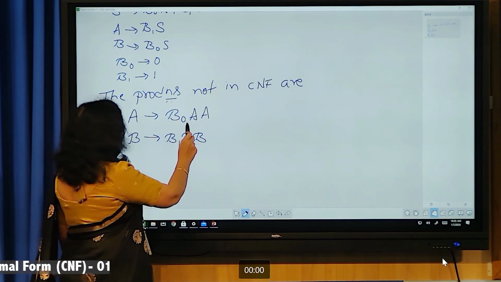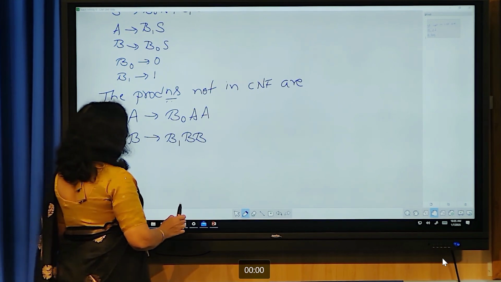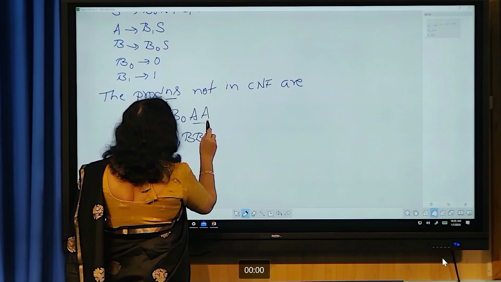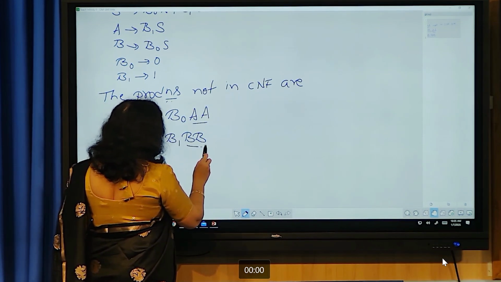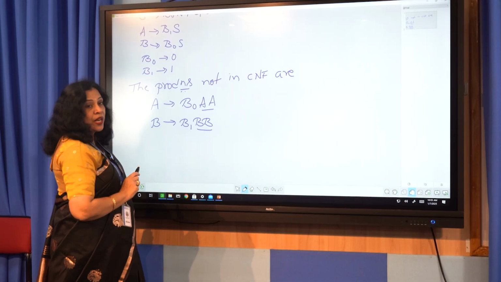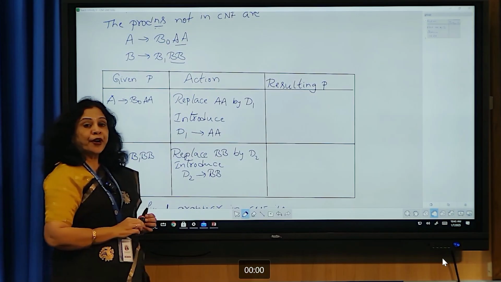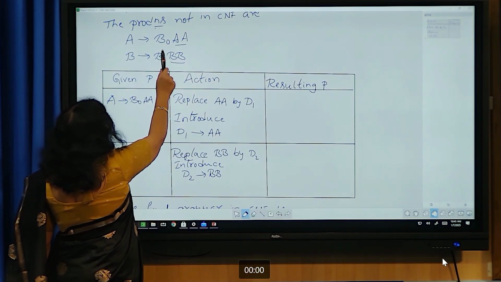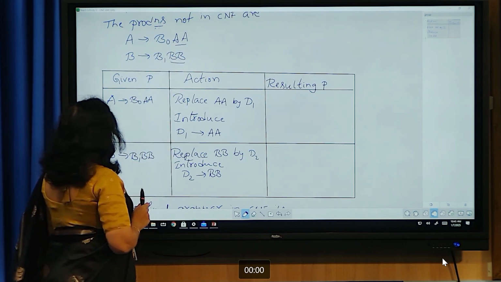Now we will have to bring these two into a CNF form. So again we will have to do the substitution. We can either choose these two or these two. So let me choose AA and BB. Again we will have to make a table and repeat the same step.